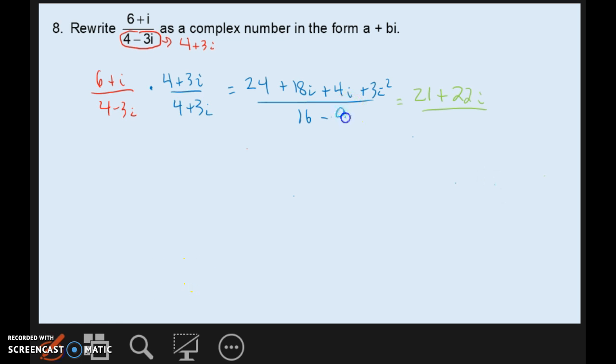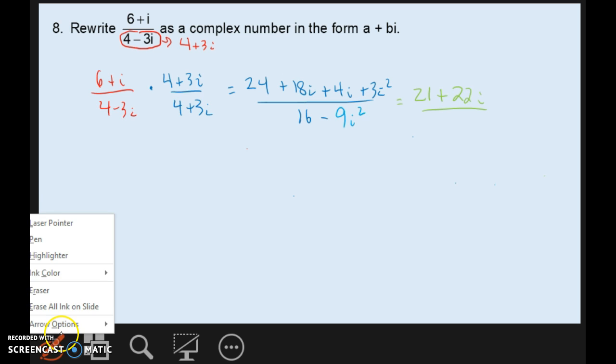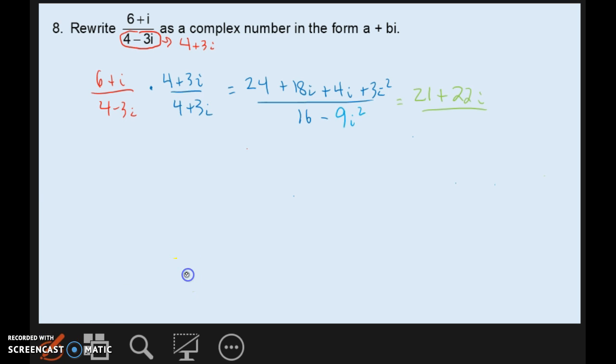Here we go. That should be 9i squared. 3 times 3 apparently is not 3. Anyway, we have 16 and then minus 9i squared becomes plus 9, so that becomes 25. So my reduced fraction becomes 21 over 25 plus 22i over 25. And that's my final answer.